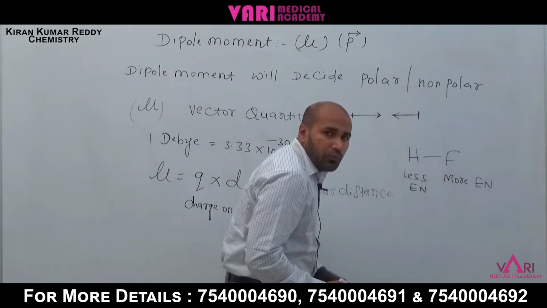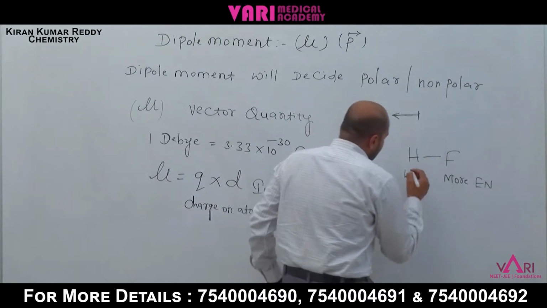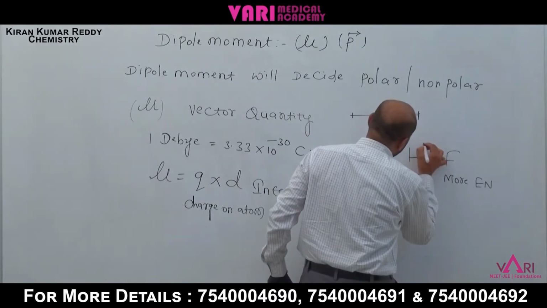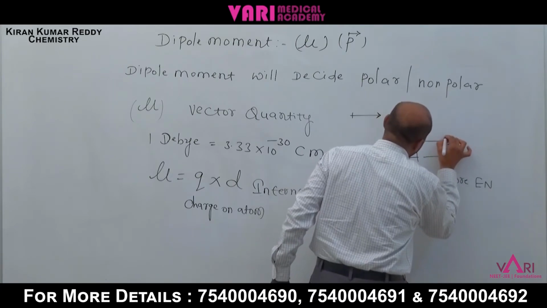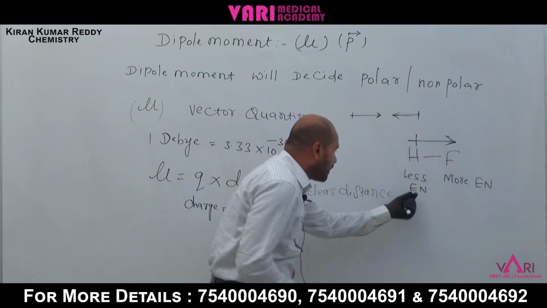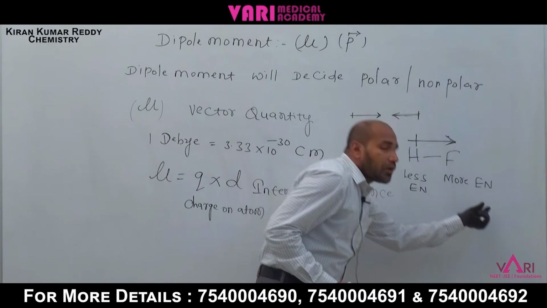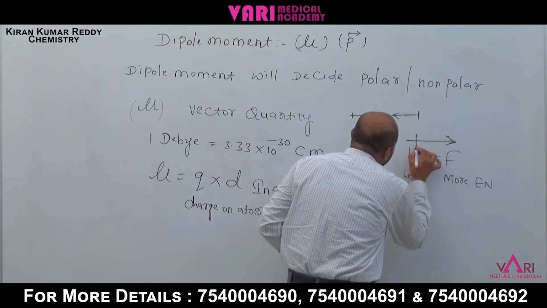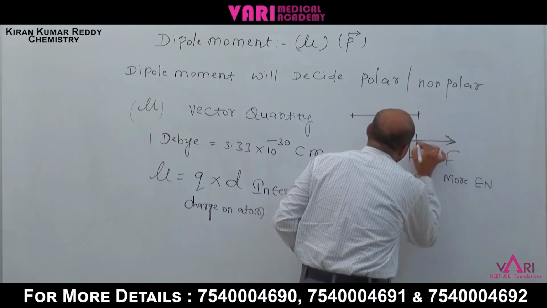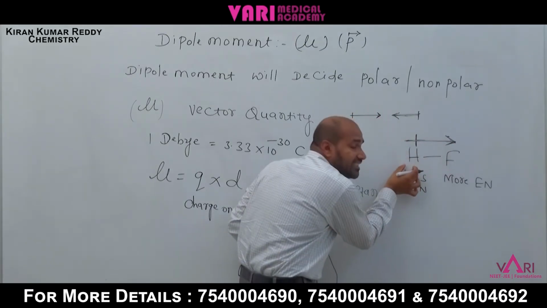The dipole moment direction is from the less electronegative atom to the more electronegative atom. The crossed arrow line is present on the positive end.